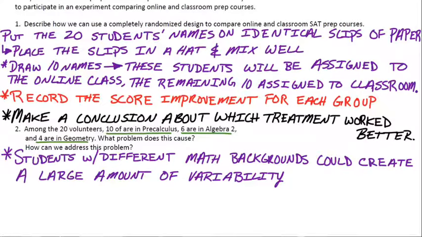So students with different math backgrounds could create a large amount of variability. Who knows, maybe the kids in the pre-calc course don't improve very much because they've already got all the math, and the kids in the geometry course improve a ton because they learned so much in that prep class. So that's the point, is adding another variable to the mix. Well, that creates a problem because that could be a large amount of variability for us.